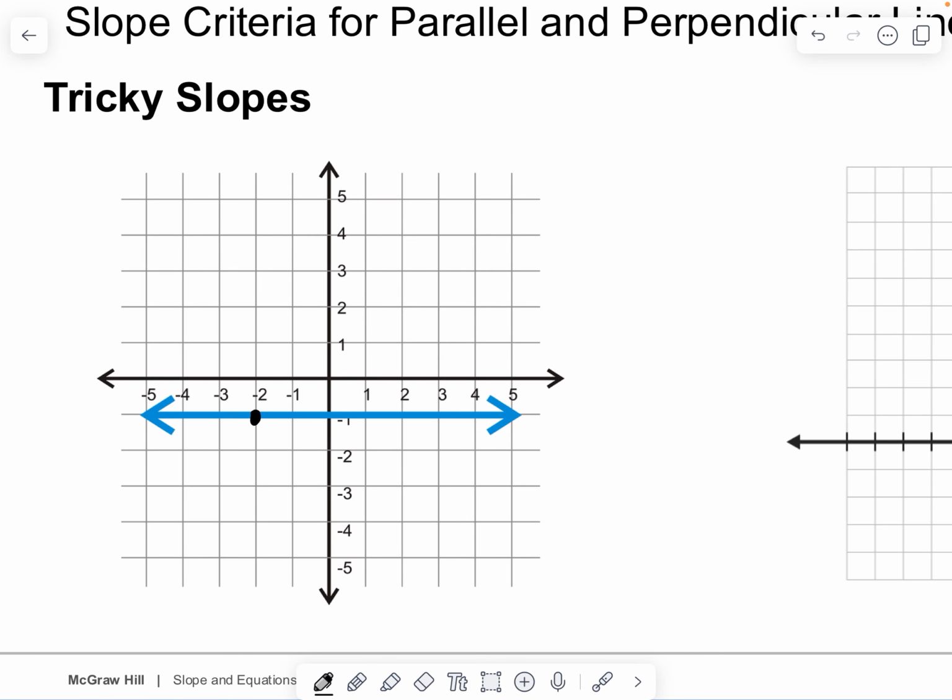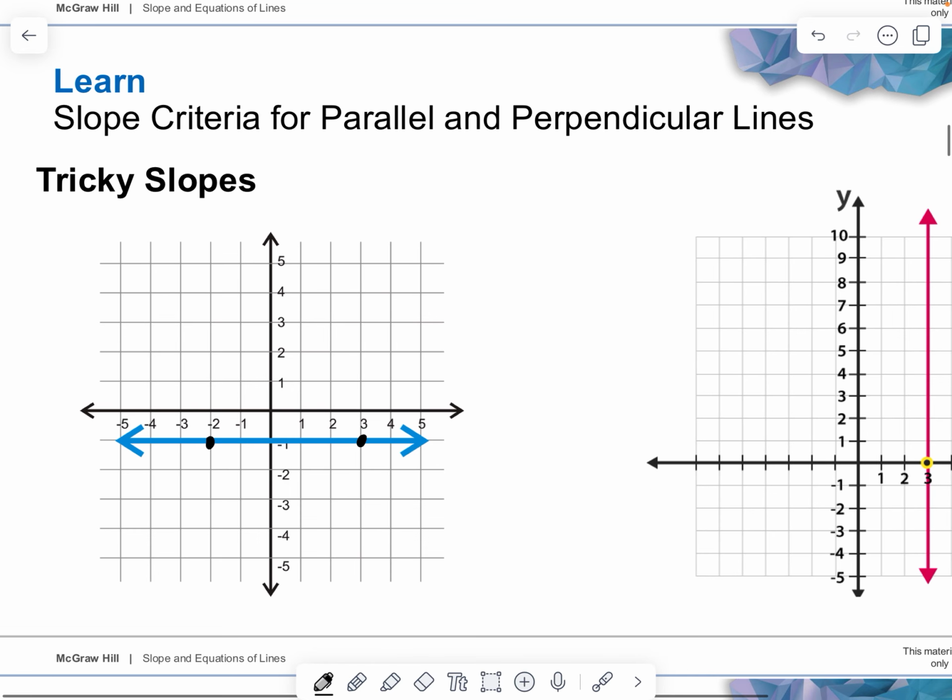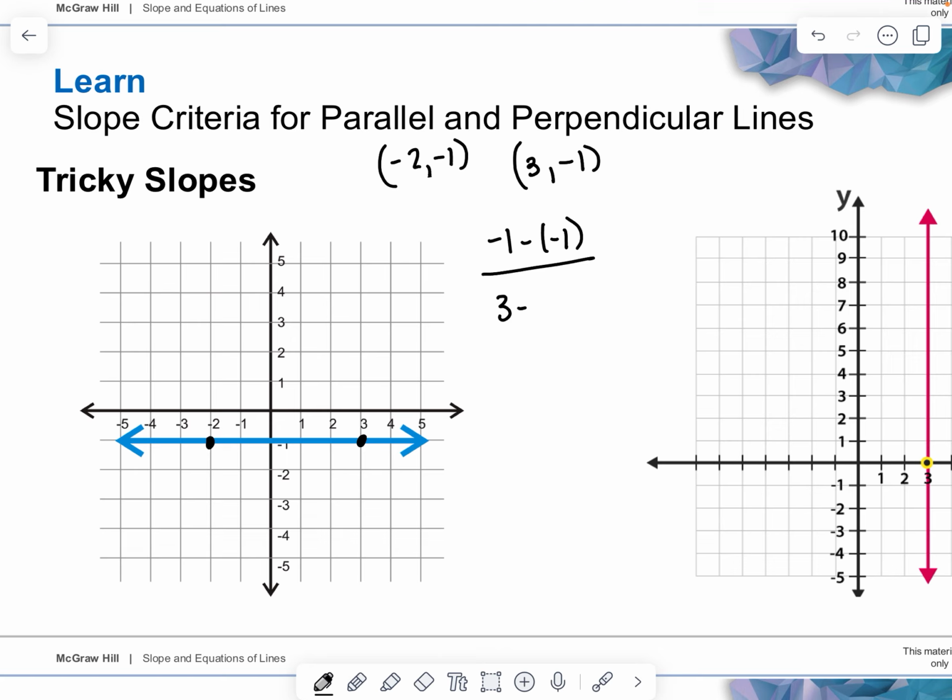With this horizontal line, if we pick 2 points, (-2, -1) and (3, -1), and do our equation, we do our y's on top, -1 minus a -1, all over 3 minus a -2.